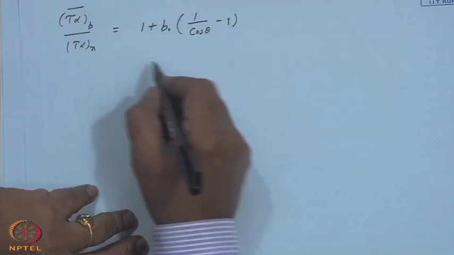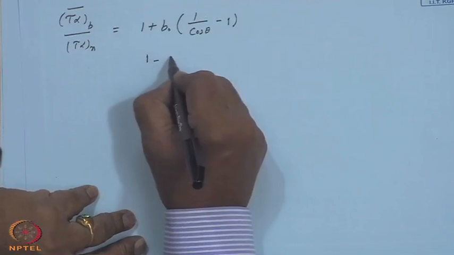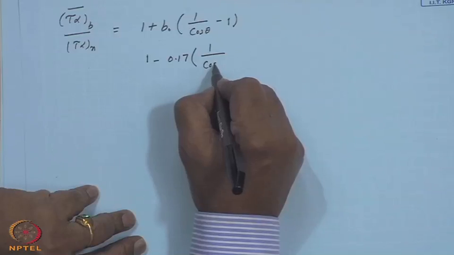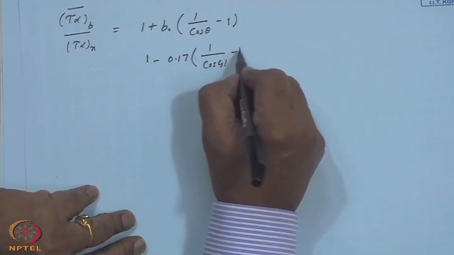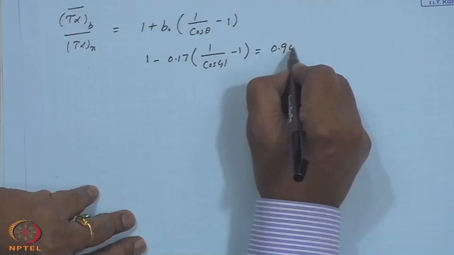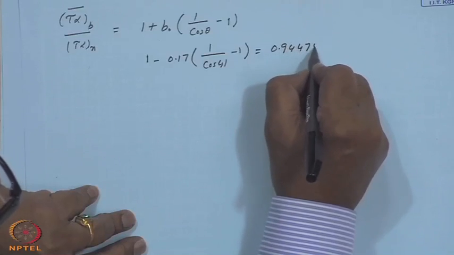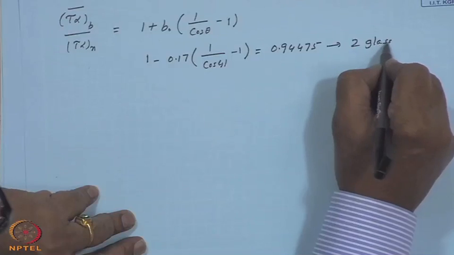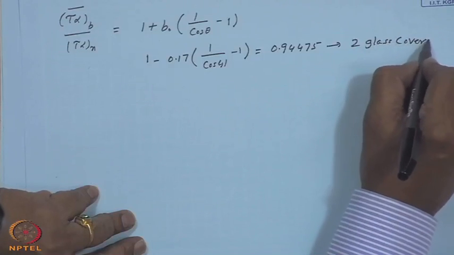If it is 2 glass covers, 1 minus 0.17 by 1 by cos 41 minus 1, which is 0.94475 for 2 glass covers.